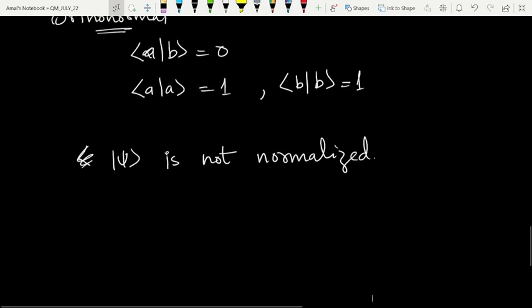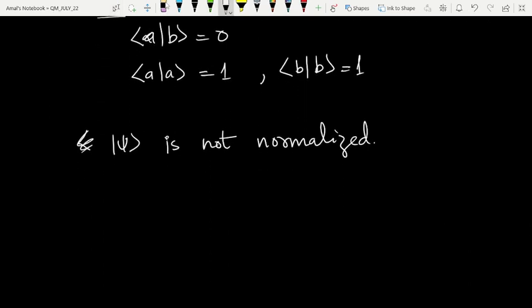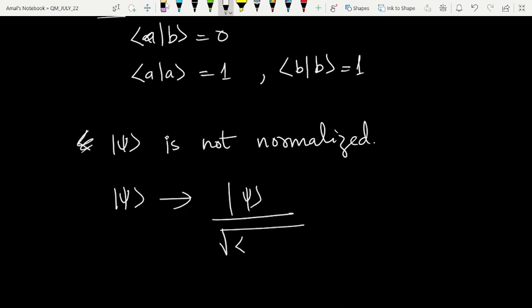How? We can divide this vector by the square root of the inner product. Then this new vector is normalized.